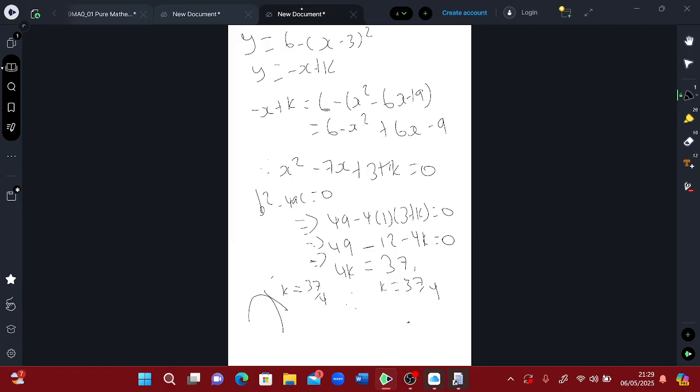But to ensure there are still two distinct points of intersection, k has to be strictly less than 37 over 4. If we shifted it a bit down, there'd still be 2 points, right? So if we combine both our reasoning together, it would be 7 less than or equal to k less than 37 over 4.